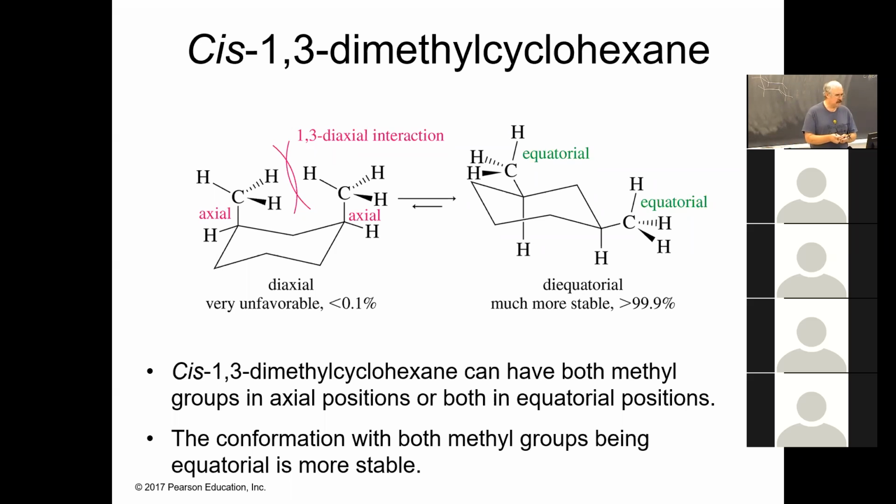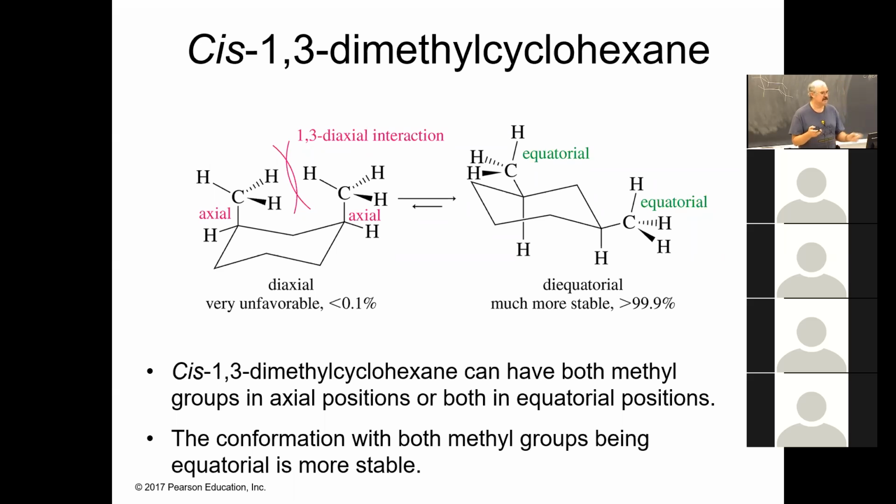Okay, when both groups are axial, it seems pretty obvious that this is cis, because both methyls are on top. When we do the ring flip, it may be a little bit harder to tell, but this is still cis.